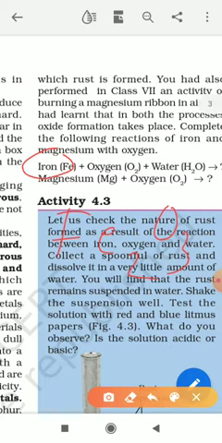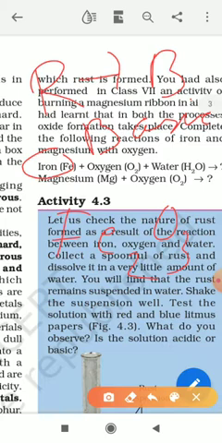If you want to test whether this content is acidic or basic, you use litmus paper. If you dip litmus paper in it, you observe that red litmus paper turns blue. When red litmus paper turns blue, it shows that it is basic in nature. So metal oxides, or you can say iron oxide, is basic in nature.